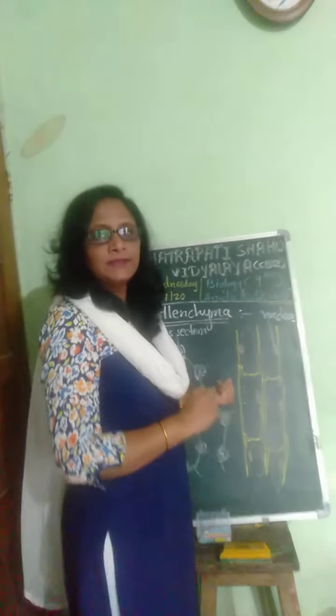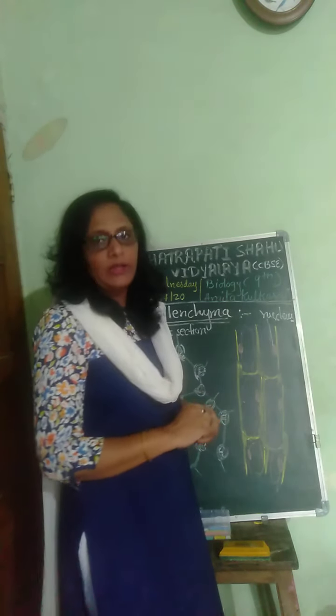Then the cell walls are thickened at some places. So this is how the longitudinal section of collenchyma looks.